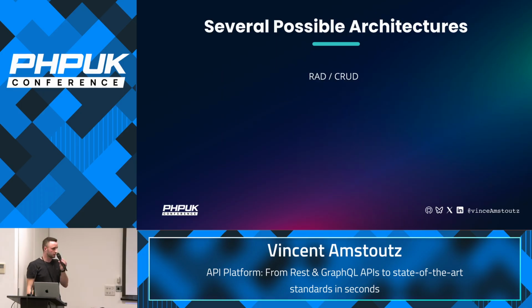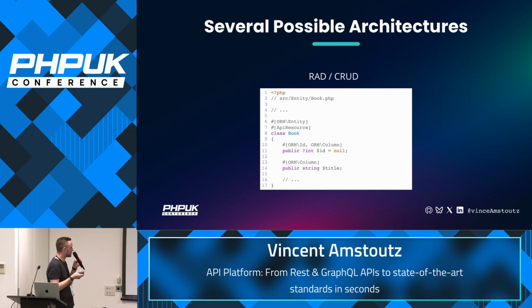For API Platform, we have several possible architectures. You have the default one, the way I used in the demo, as the CRUD version, so create, read, update, delete, as rapid application development. If you want to make some proof of concept, or you have a very, very basic API, it's a good way to have one entity or model in Laravel and, at the same place, your API resource.